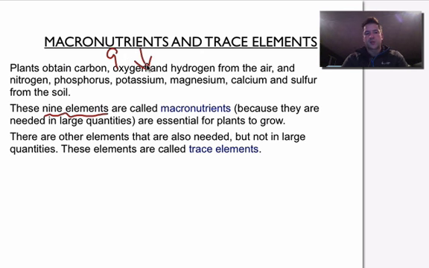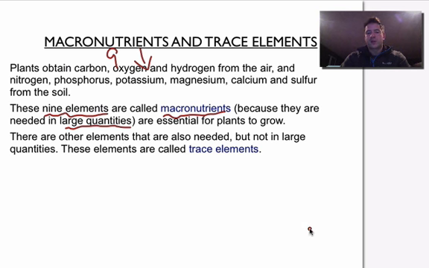So what I've just talked about, those 9 elements that are essential for growth and living within these plants, they're called macronutrients. And macronutrients are needed in large quantities, which will be important to remember. But they're essential for the plants to grow.